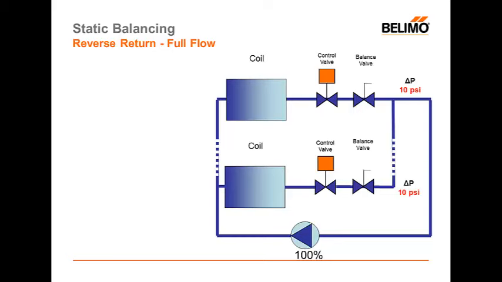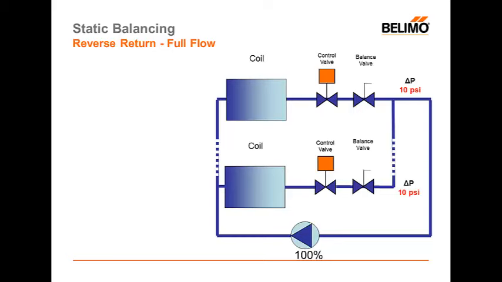Well, in reverse return piping, the inlet is still configured the same way. So high pressure water goes into my first branch run, shown here at the bottom of the two branches. But you can see here now that in addition to being the first branch run to receive the water, it's also the first branch run on the return line. So the return water goes away from the pump and then makes its way around.